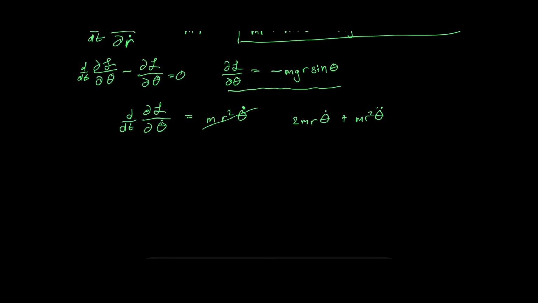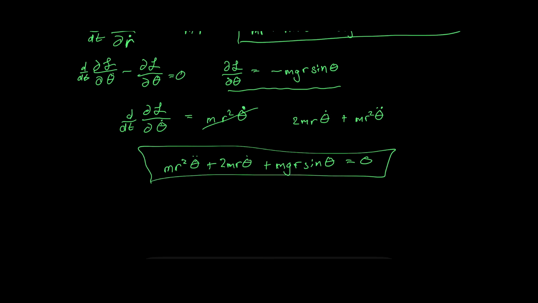Add them all together and put them in order, so we get m r squared theta double dot plus 2 m r theta dot plus m g r sine theta equals 0. And there's our second equation.